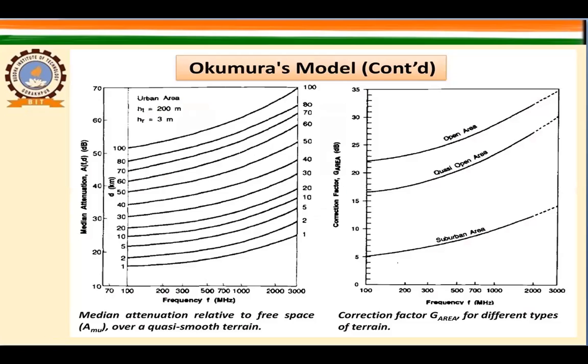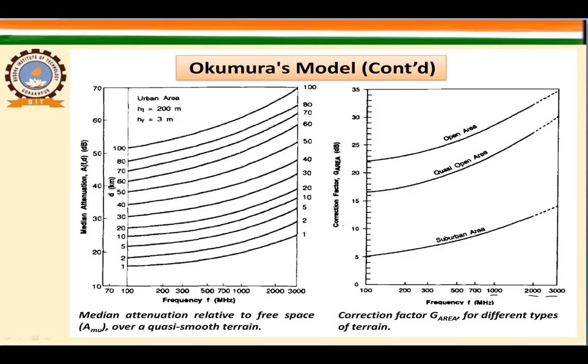Now another graph is between the frequency and the correction factor G_area in dB. It is divided into three areas: one is open area, second is quasi-open area, and third is suburban area. And the scaling is frequency in megahertz: 100 megahertz, 200, 300, 500, 700, 1000, 2000, and 3000 megahertz.